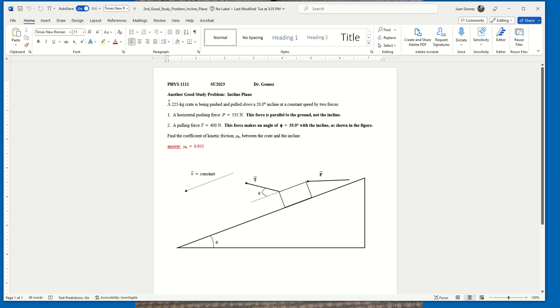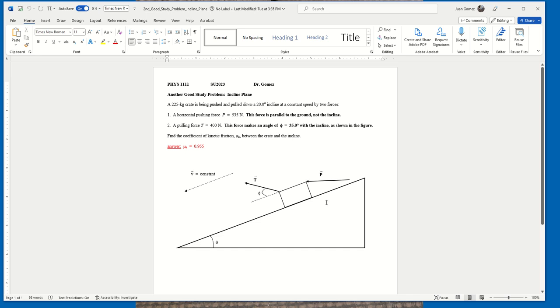So again, I know the mass of the crate, I know the angle theta, I know the magnitude of both forces, P and T, and I know that the tension force makes an angle of phi with respect to the incline. Well, now, we don't want to overthink it. We're going to draw all the forces acting on the crate.